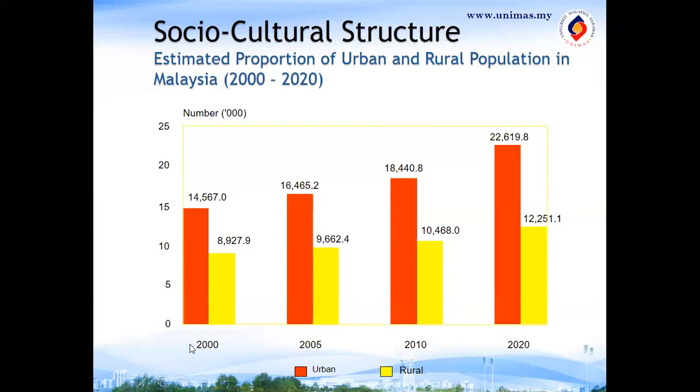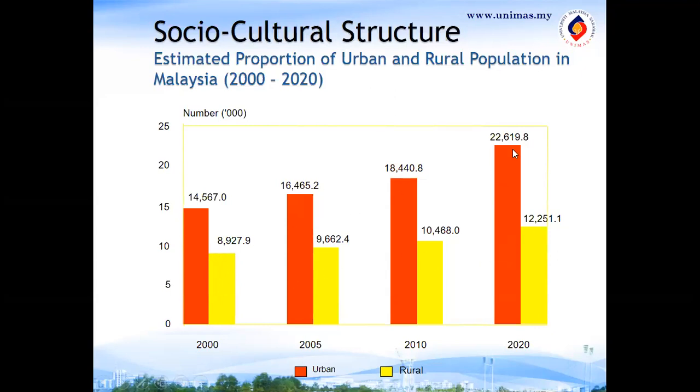All right, so yellow one is rural, the orange is urban. Okay, so you can look at this in the year 2000. Yeah, about 14.5 million people are living in the urban areas, and about 9 million are in the rural areas.